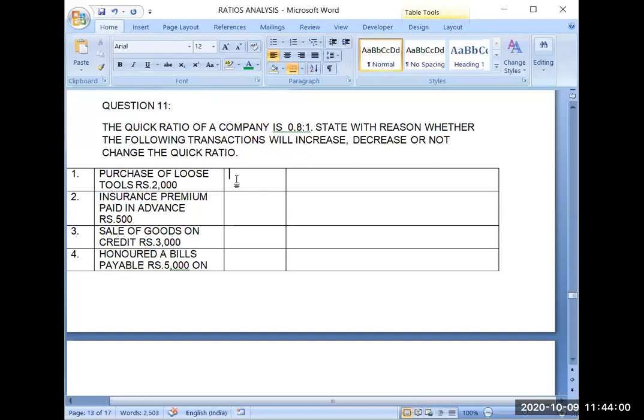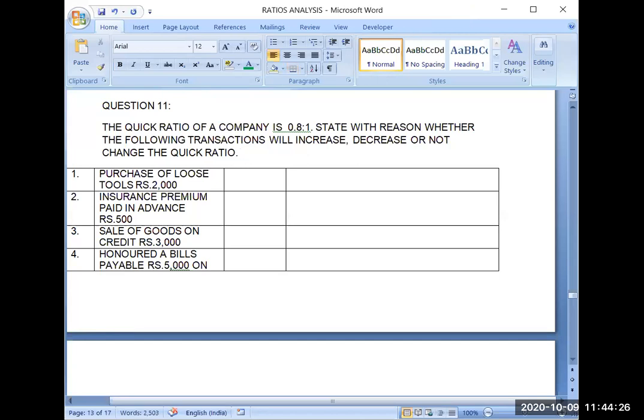It is saying purchase of loose tools rupees 2000. Now first you should try to find out the journal entry for this. So your journal entry will be loose tools account debit to cash account. Loose tools is also a part of current asset and cash is also a part of current asset. But I have to check the effect on quick ratio.